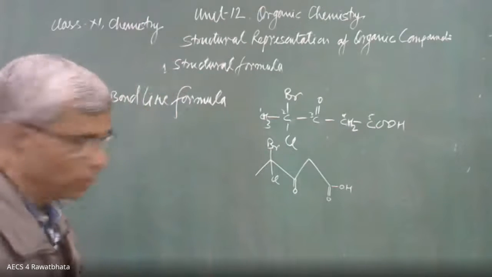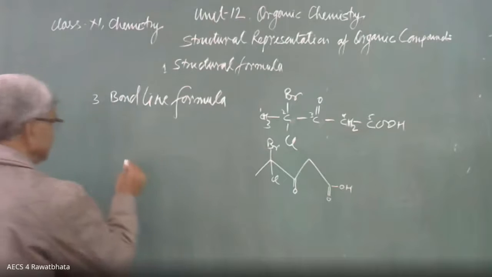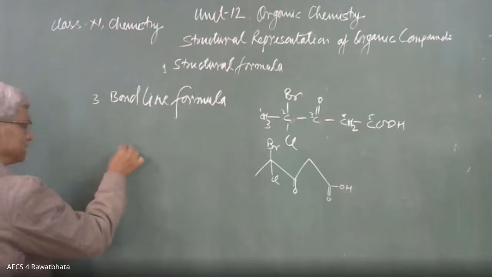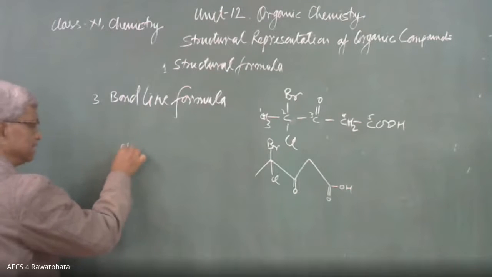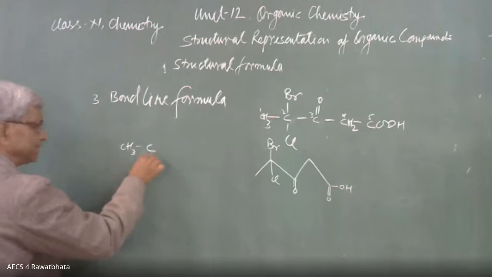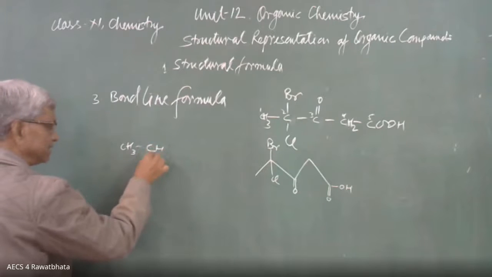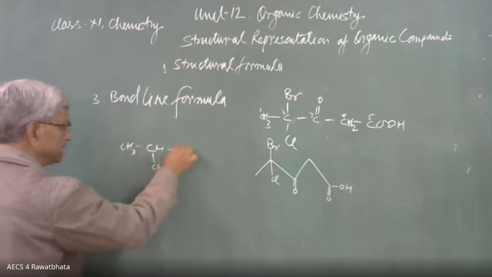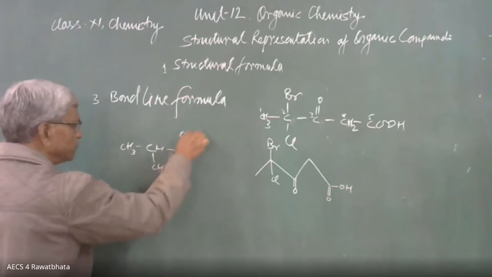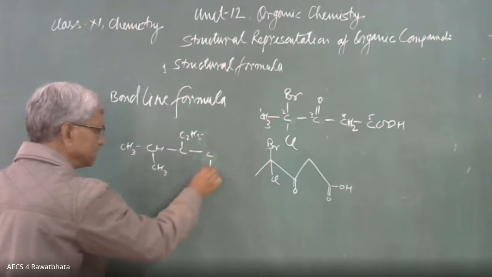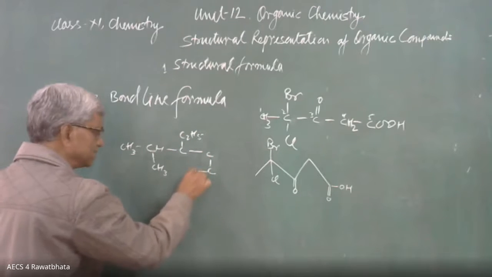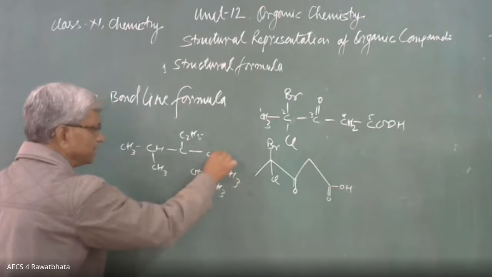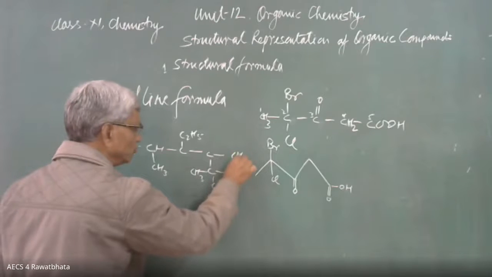Some more examples of bond line formula. The one compound is here, it is like this: CH3, C, H. Here is CH3, here is C, here is C2H5, here is C, here is C, CH3, here is CH3, here is CH3, here is CH2, CH3.